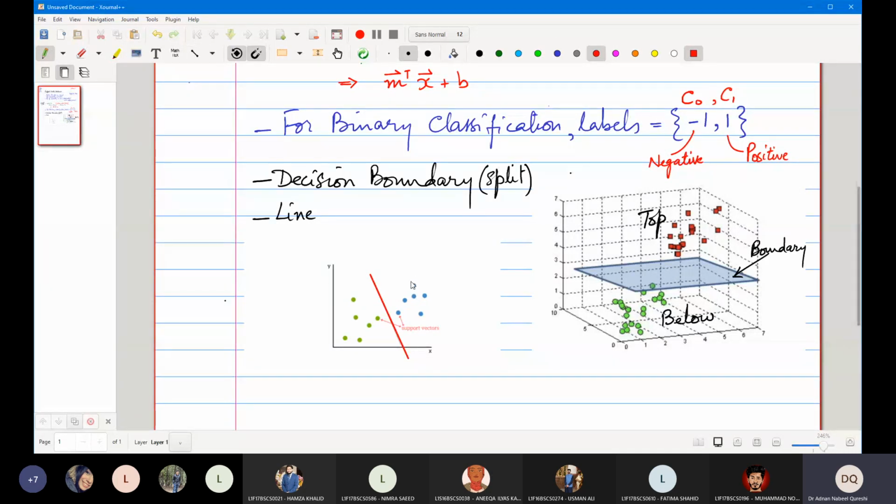So as researchers, you can always say that blue are the positive and green are the negative samples. One is on this side of the line, the other on that side. The interesting thing is that this line is not simply called a line. What support vector machine calls a line is a hyperplane.